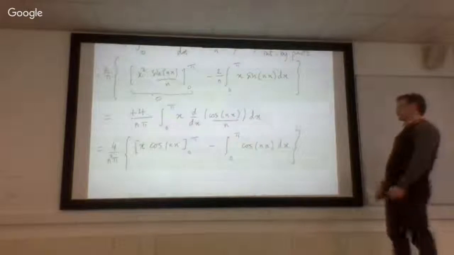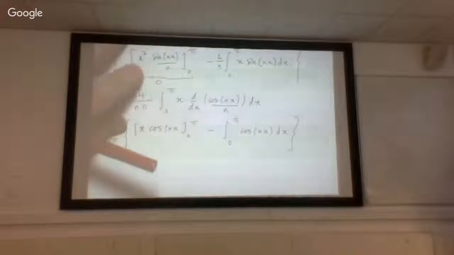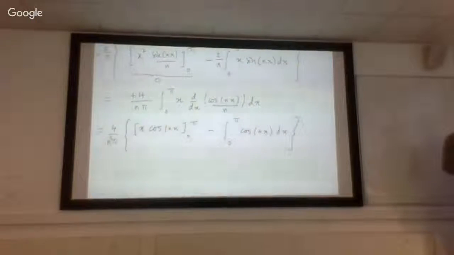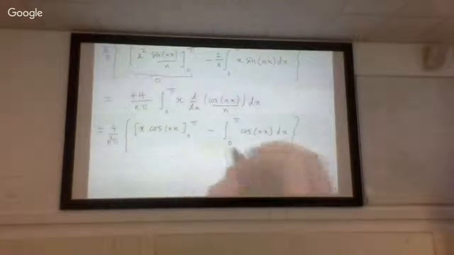Now hopefully I wasn't flying my minus signs around too much there, so hopefully I haven't forgotten any or misaccounted for any. I think it looks okay at the moment. Okay, so what survives here is coming from this first term.